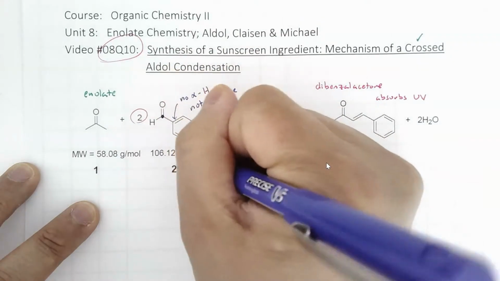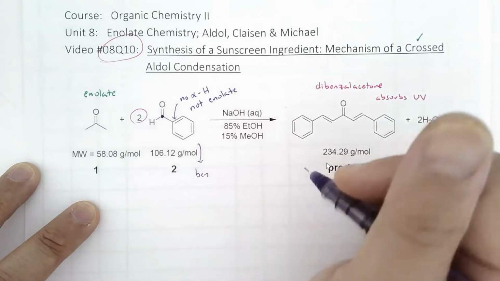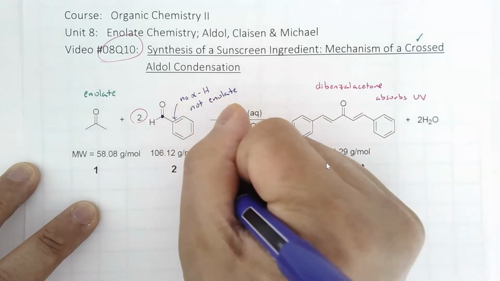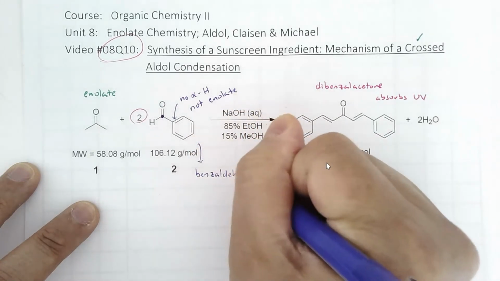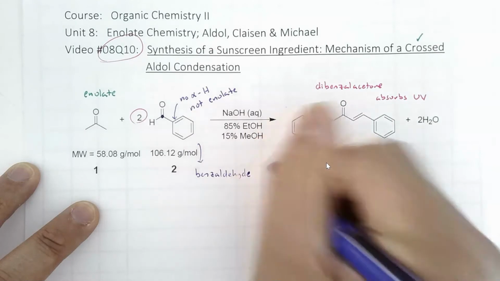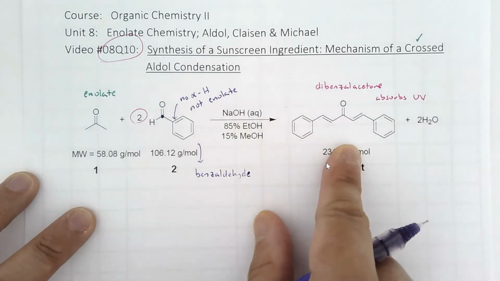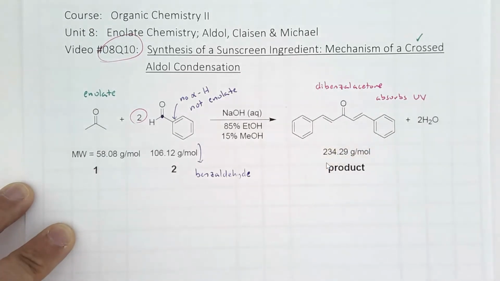Benzaldehyde is the oil or the flavoring of almonds. And at the beginning of lab, you can smell the benzaldehyde, but at the end of lab, hopefully after purification, you do not smell any benzaldehyde, any almond smell.